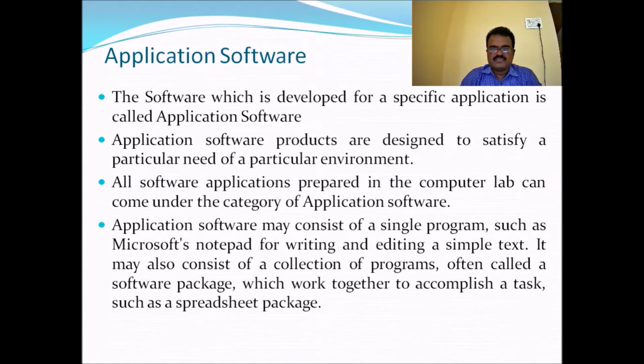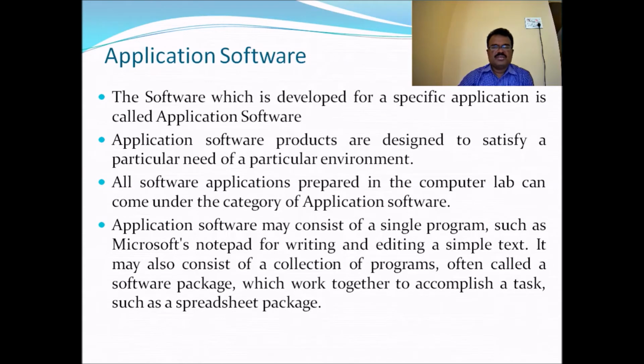Application software may consist of a single program such as Microsoft's Notepad for writing and editing a simple text. It may also consist of a collection of programs often called a software package which work together to accomplish a task such as spreadsheet package.